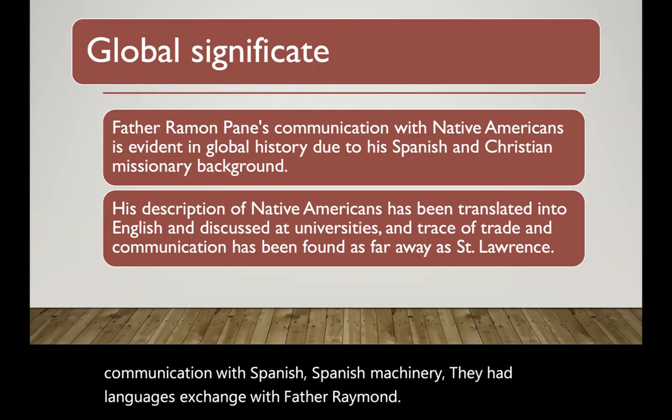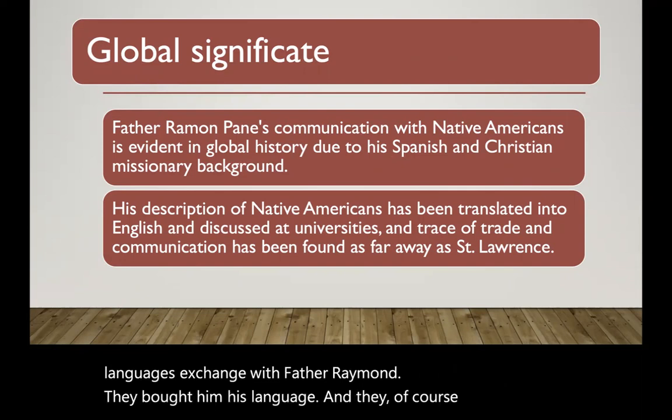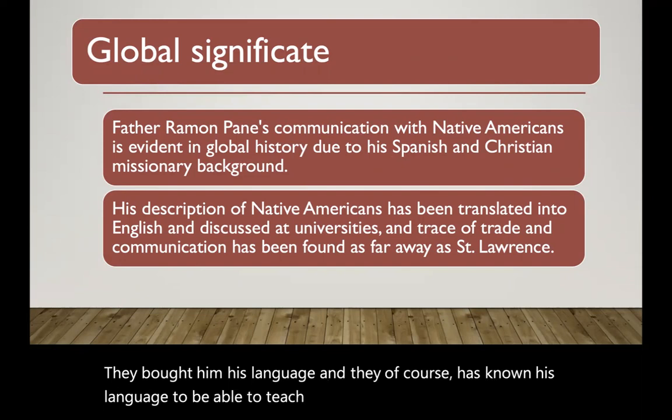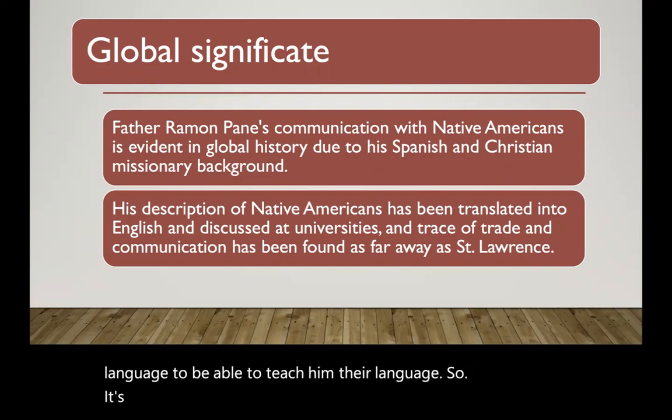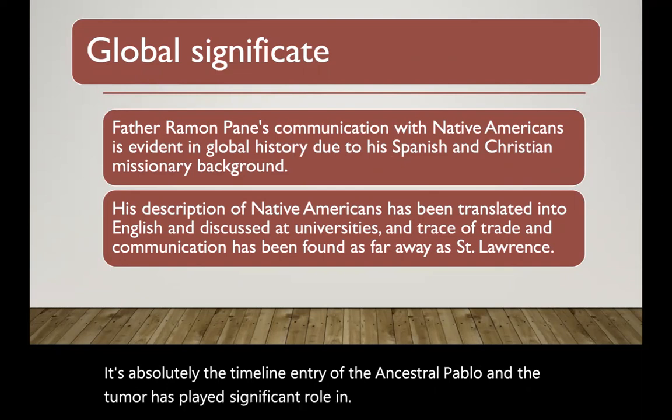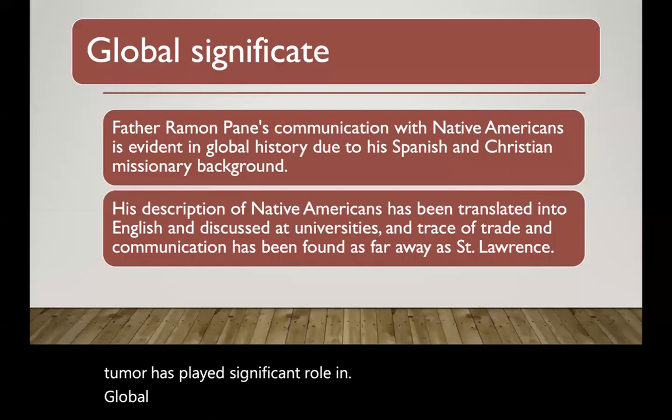They taught him their language, and they of course had to know his language to be able to teach him theirs. So it's absolutely clear that the Ancestral Puebloan and the Taino timeline entry played a significant role in global connection and language exchange.